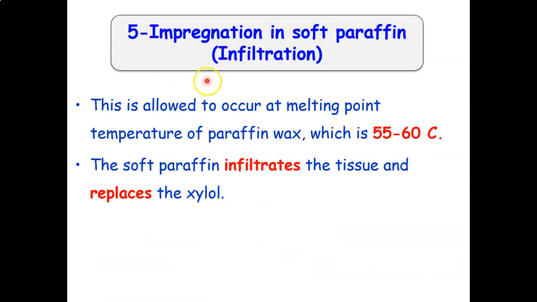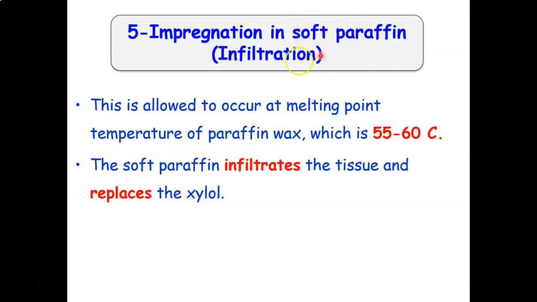Fifth step here is the impregnation in soft paraffin. This is allowed to occur at melting point temperature.